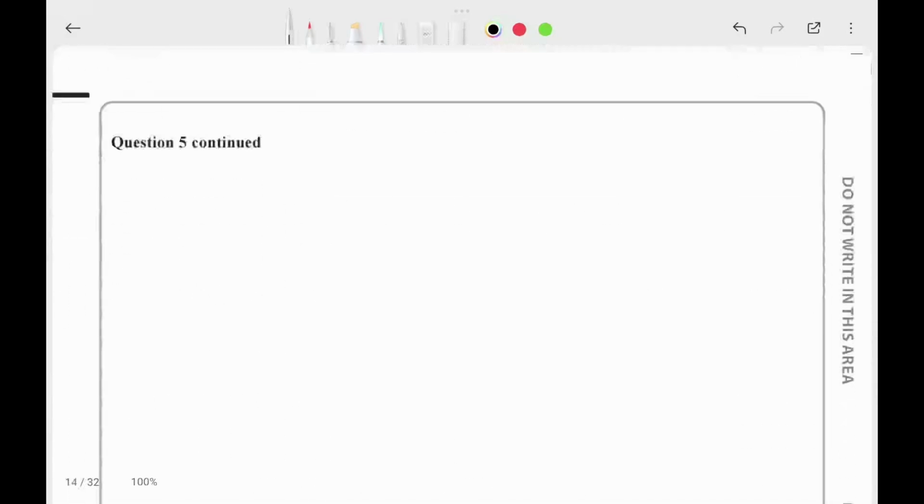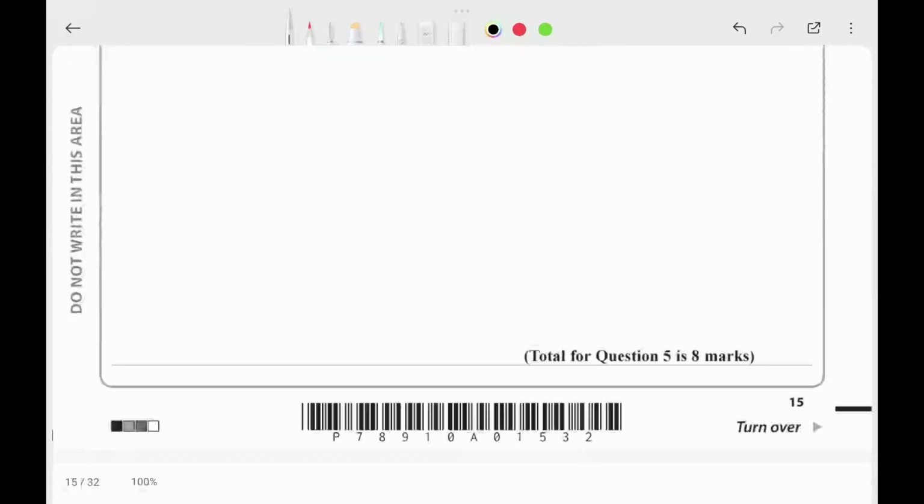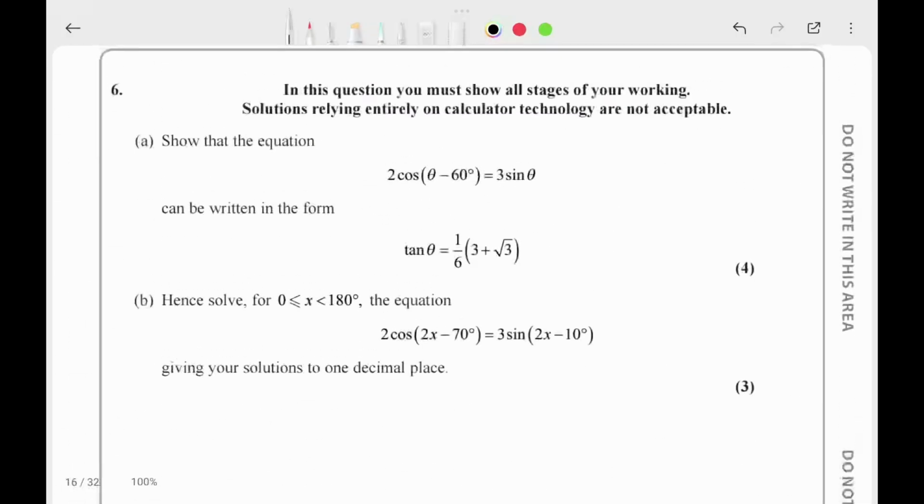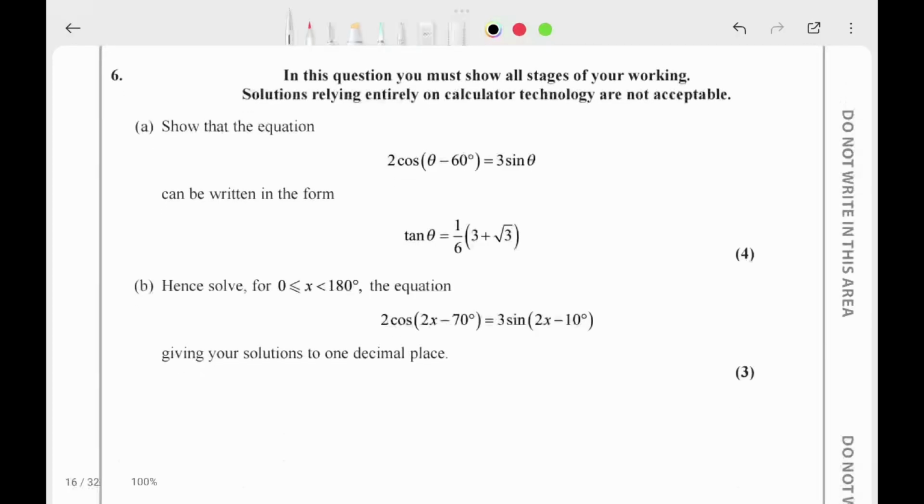Moving on to question number 6. This is a trigonometric equation. We have an equation and we need to write it in this form. So let's do that: 2 cos of (theta minus 60).